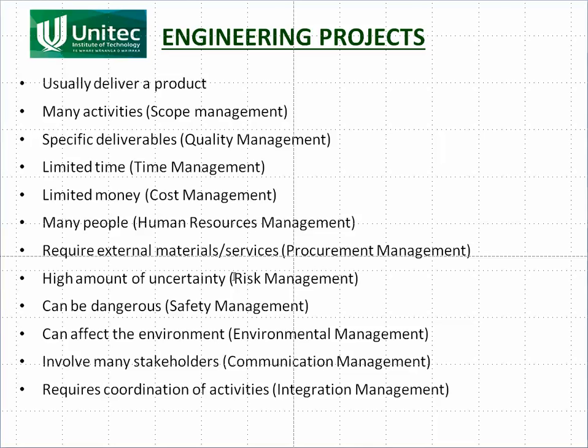We've got to figure out what we're going to do about those risks to try to reduce the chance of them happening and or reduce the consequences if they do happen. It can be dangerous, so you need to do health and safety management on site. It can affect the environment, so you need to protect the environment. That's environmental management, making sure that silt and stuff, for example, doesn't go into a stream.